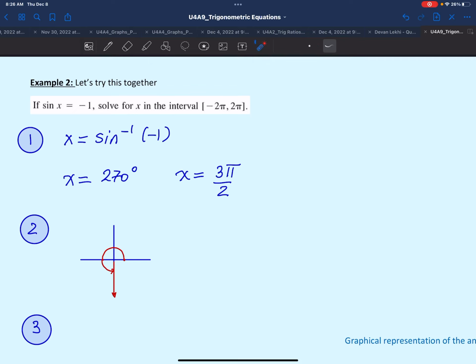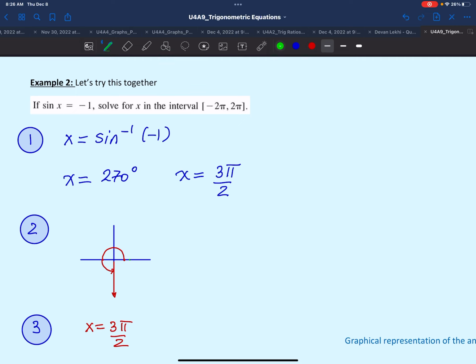Remember that the domain given is between negative 2 pi and 2 pi. So the positive domain is read this way, counterclockwise. The only angle that we can read in the positive domain would be 3 pi over 2. Now we're going to read the domain in the negative direction.